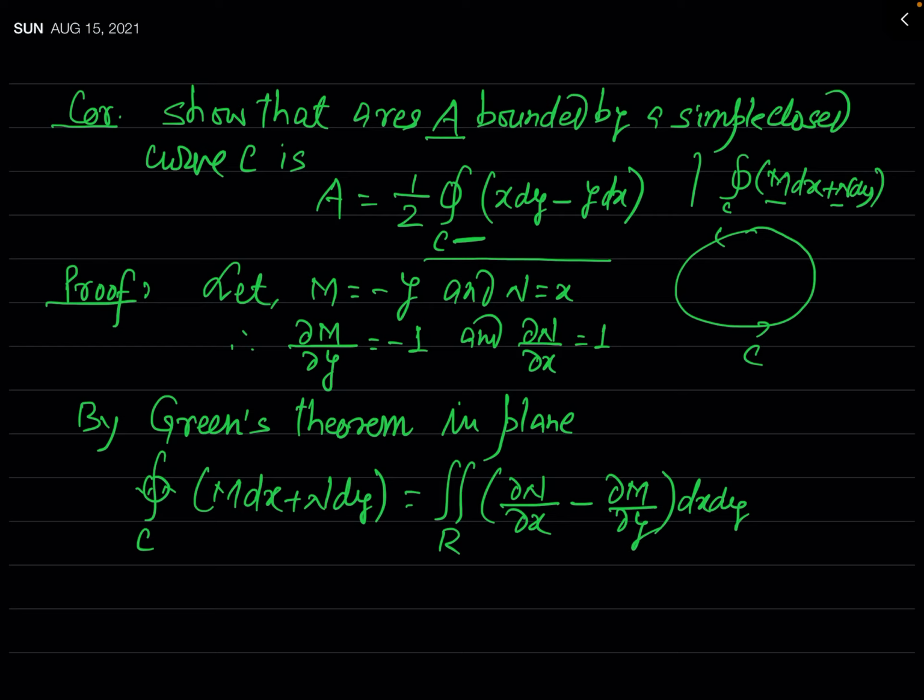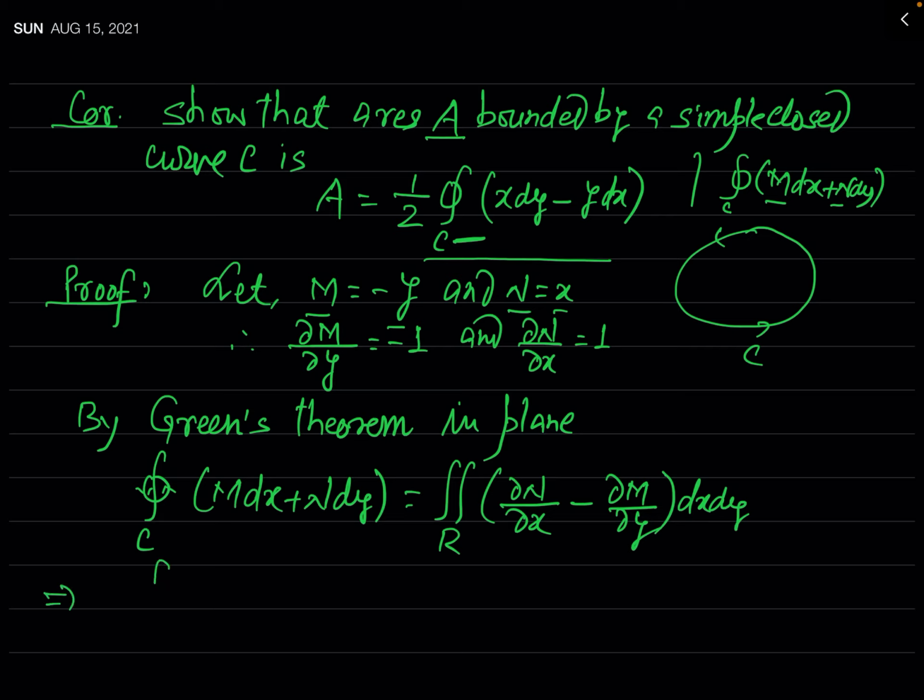But according to our supposition, M is equal to minus y and N is equal to x, and the partial derivatives are: del M by del y is minus 1 and del N by del x is plus 1. So use these in this equation.